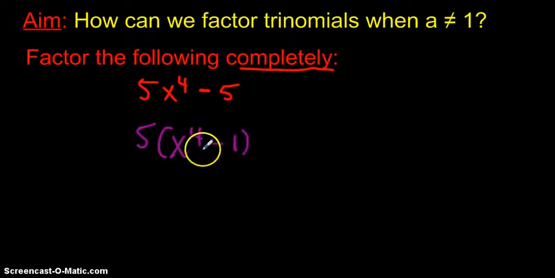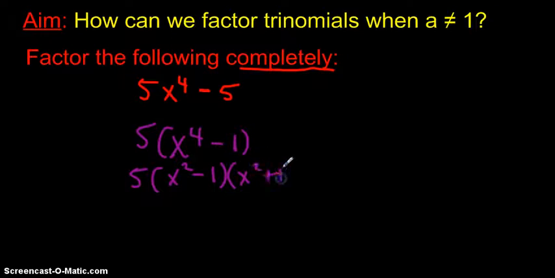It appears to be a difference of squares. So let's factor that. So we'll get 5 times x squared minus 1 times x squared plus 1, because the square root of x to the fourth is x squared, and the square root of 1 is 1. And it's plus and minus the square roots in this case.